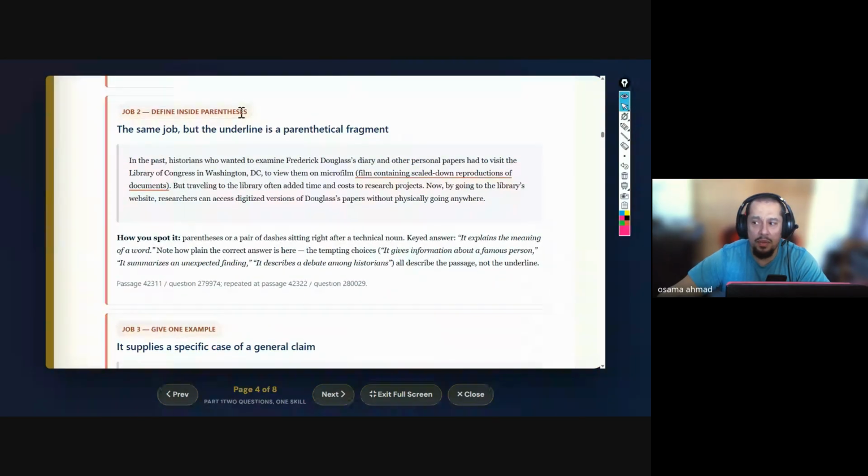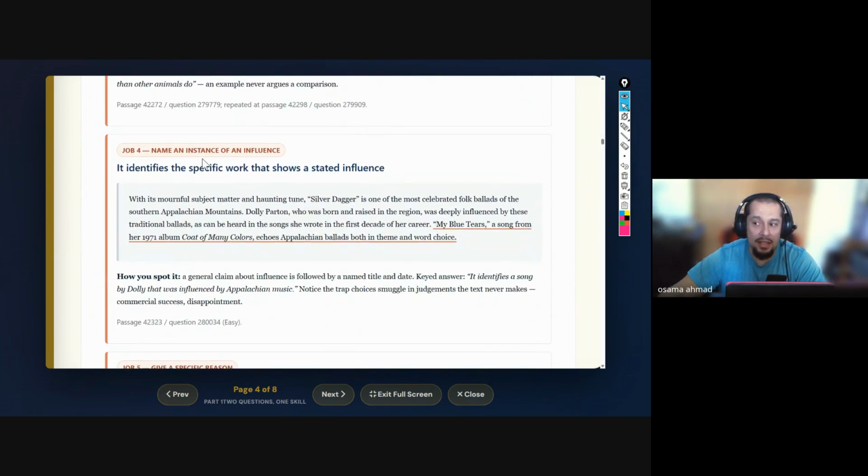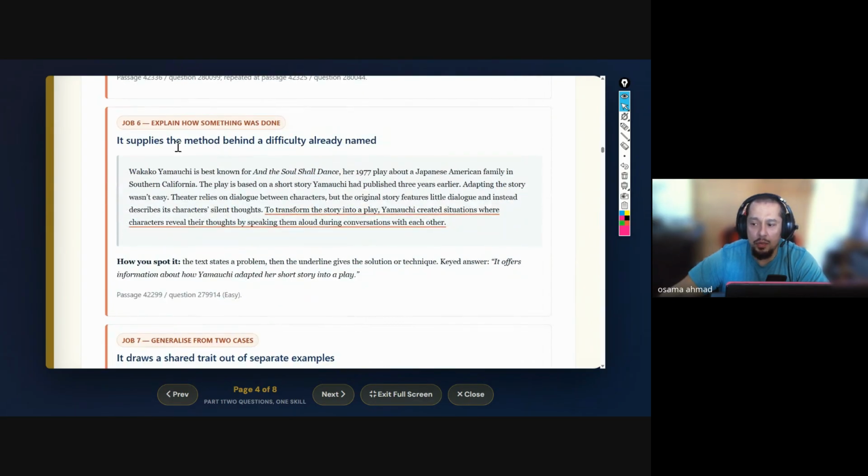Define inside parentheses. يدينا definition جوه parentheses. Give an example. Name an instance of an influence. Give a specific reason. Right? Due to, because, since. Explain how something was done, right?